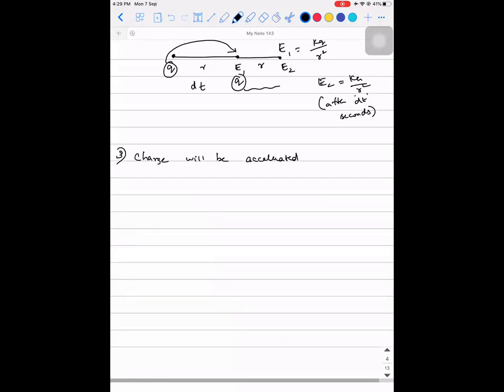When the charge is moved with uniform velocity, what happened to the electric field? It remained constant with respect to time. It was not time varying. Now, if the charged particle is accelerated, can I conclude that the electric field will change with respect to time?